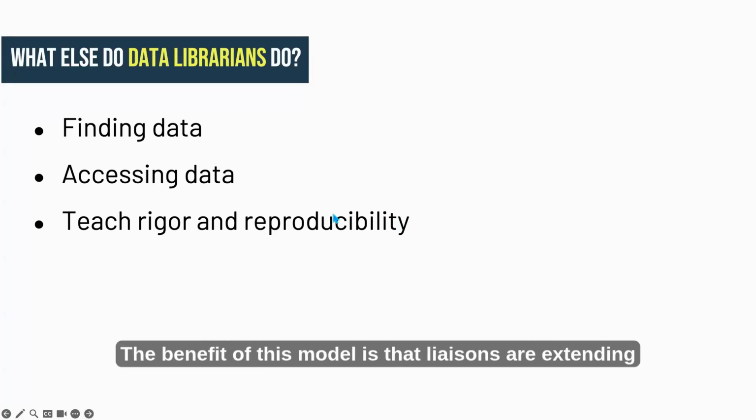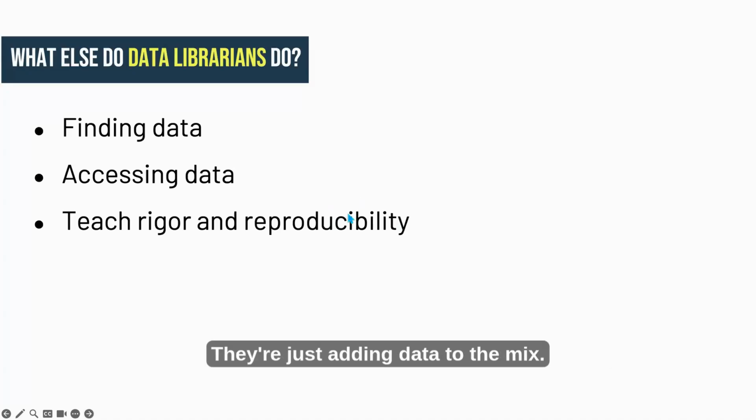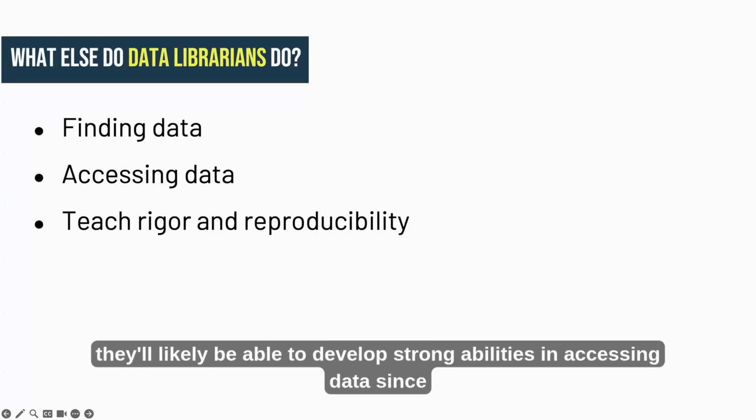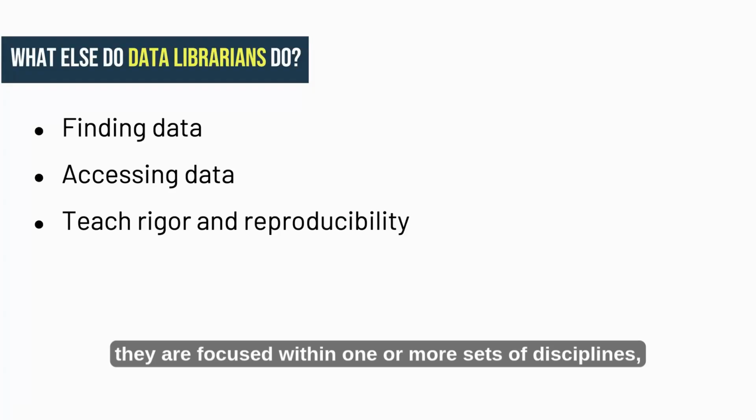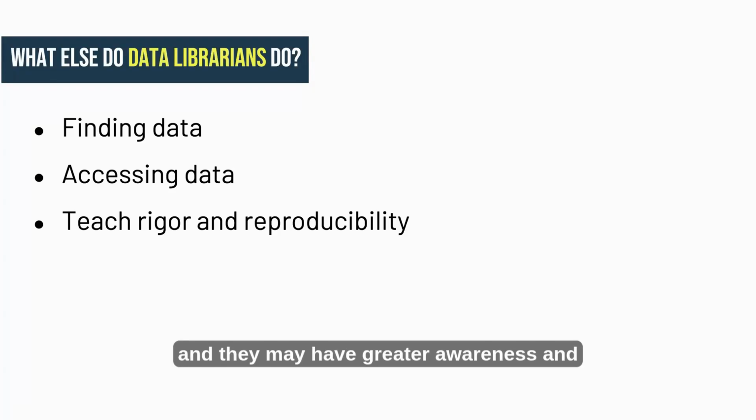The benefit of this model is that liaisons are extending their knowledge of the literature, instruments, and other research support databases and tools. They're just adding data to the mix. In addition, they'll likely be able to develop strong abilities in accessing data since they are focused within one or more sets of disciplines.